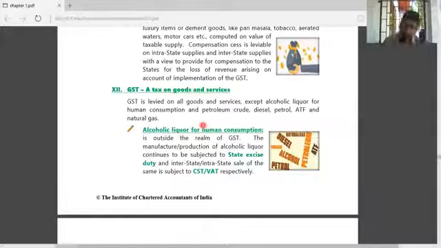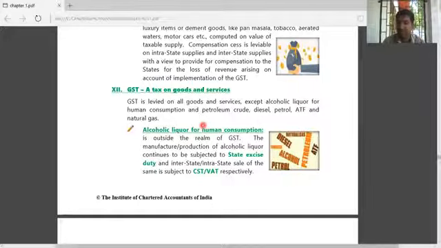We have seen earlier that on alcoholic liquor, it is actually state excise duty. So we know that the state government gets the revenue. In TV news we see that due to liquor sale, the state government received so much revenue. Why? Because state excise duty is levied on alcoholic liquor.